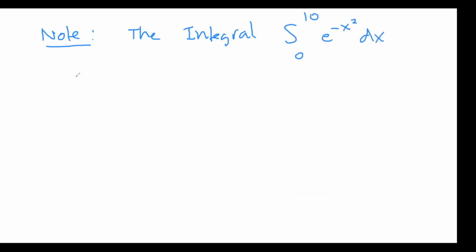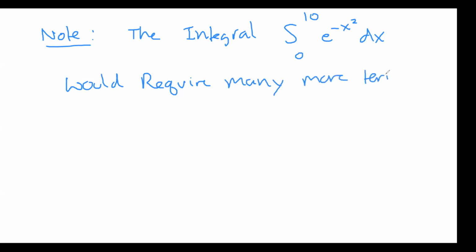So note, the integral 0 to 10 of e to the negative x squared would require many more terms than just the first 4. So this actually goes back to your question, Jeff.